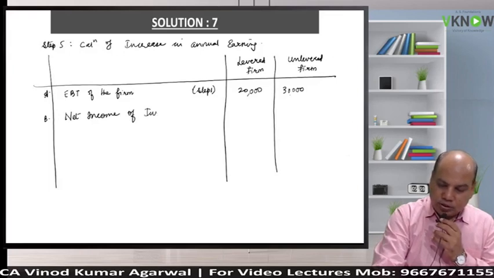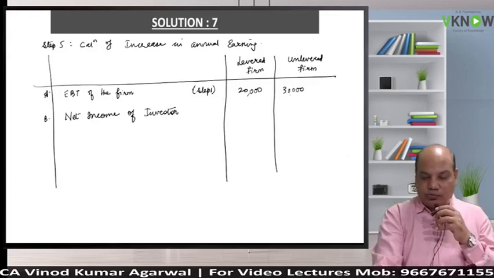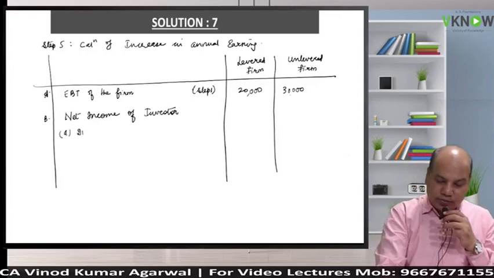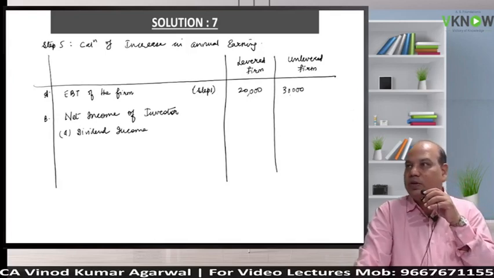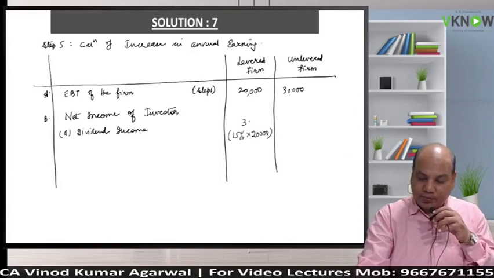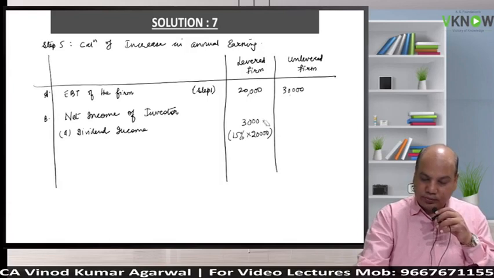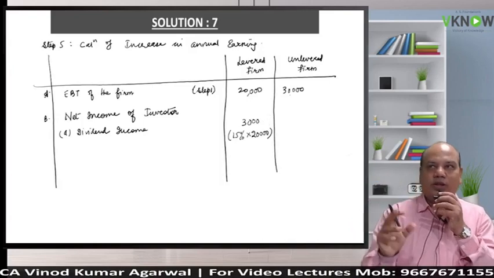How much will the investor earn in these two companies? So first point A, dividend income. The investor is holding 15% in the levered firm. So if he remains in the levered firm, he will enjoy 15% of 20,000. That is 3,000. So earlier he was getting a dividend income of 3,000.